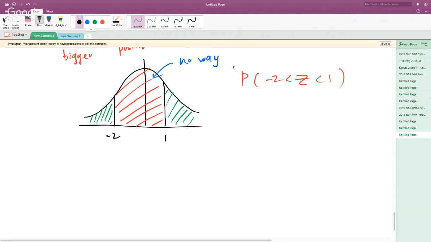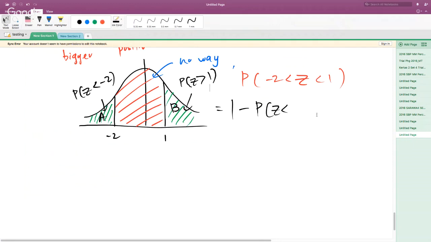So in order to find this, you use 1, the total area under the curve, minus the probability z is less than -2, because this part is z less than -2, and this part is the probability z is bigger than 1. So you do 1 minus the probability z less than -2 minus the probability z bigger than 1.